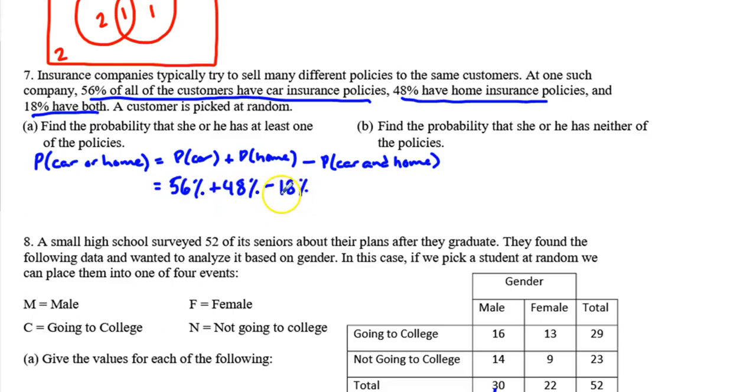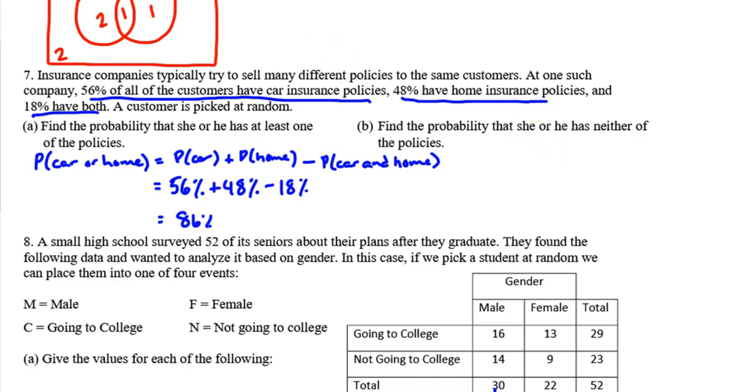When you add those up, that works out to be 86%. Now, the probability that he or she has neither, well, that means the opposite, right? This is, she has at least one. This is, she doesn't have at least one.